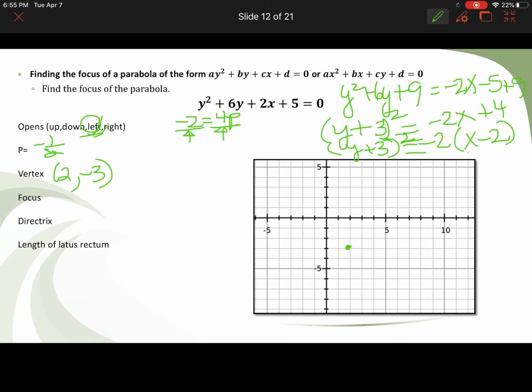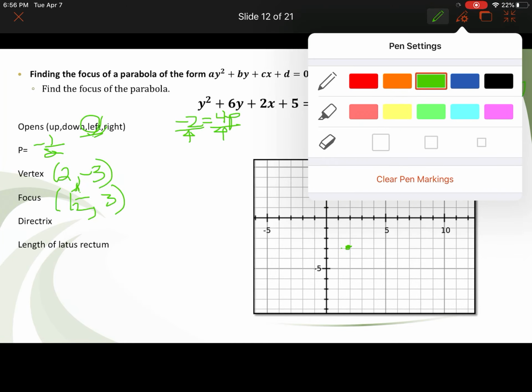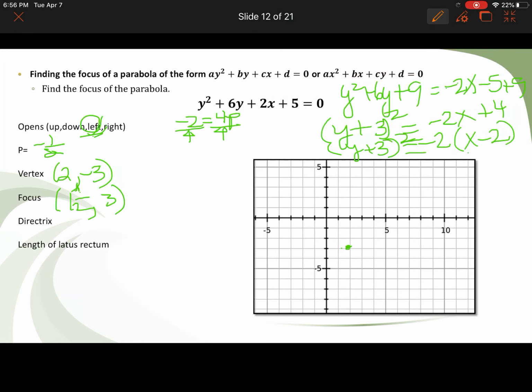So the focus is going to go to the left because it opens to the left, right, by 1/2. So instead of going over 2, I'm going to go over 1/2 less than 2, or 1.5. I'm just going to leave it as a mixed number. It's still going up 3. Maybe I should try a different color.